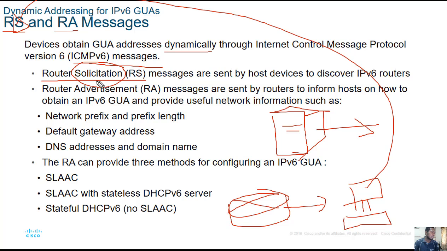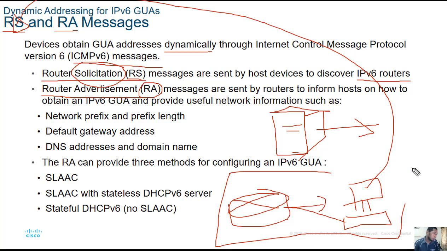So assuming that this is an IPv6 enabled router, this router on the other hand is going to periodically advertise, send out RA messages known as router advertisement messages, to inform hosts on that network, which this router is a part of, on how to obtain an IPv6 GUA and also provide other useful network information.